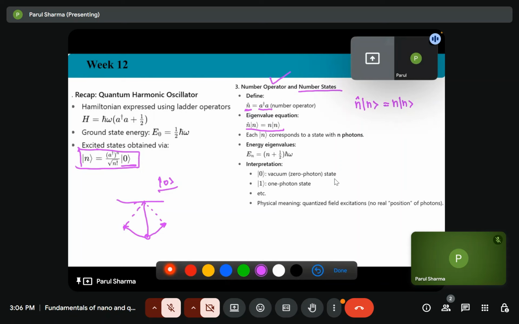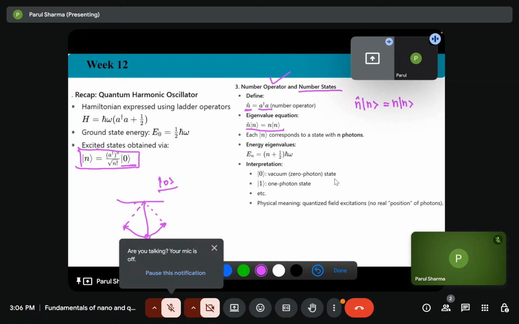So for number states, using this eigenvalue equation, we can say that number states are eigenstates of the Hamiltonian.